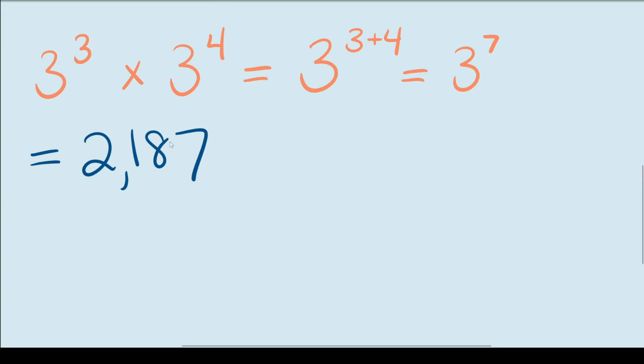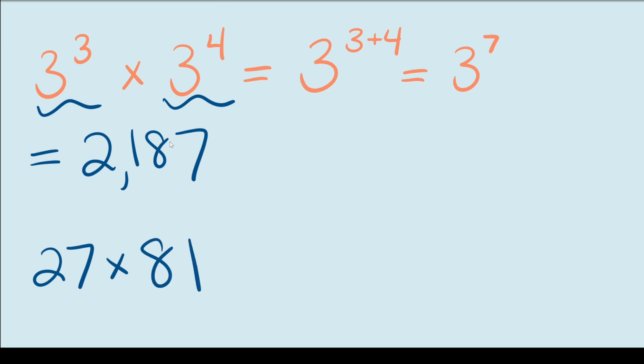Now let's do it the expanded way. So first I'm going to take 3 to the 3rd power, which I know is 27. Then I'm going to take 3 to the 4th power. 3 to the 4th power is just going to be 27 times 3, which is 81. So now I have 27 times 81. And I'm going to do this in the expanded way, like I enjoy doing, and I'm going to multiply that.